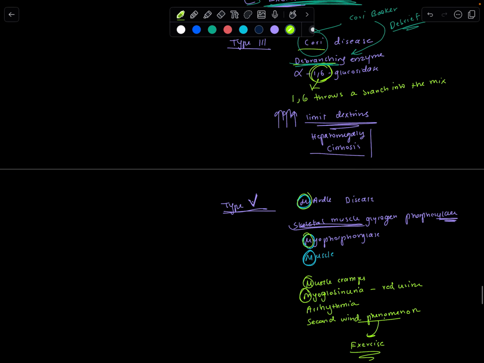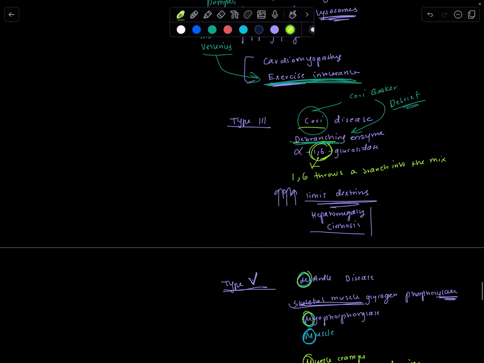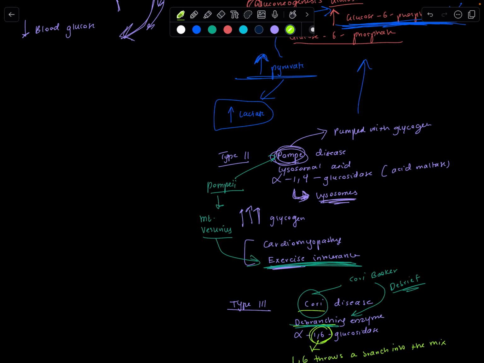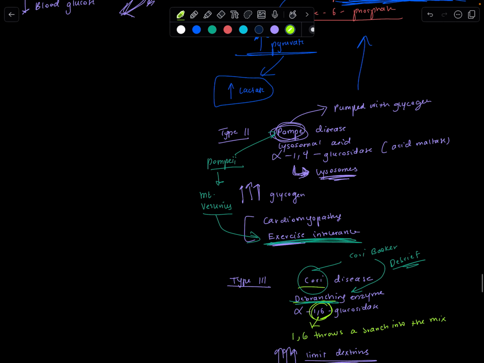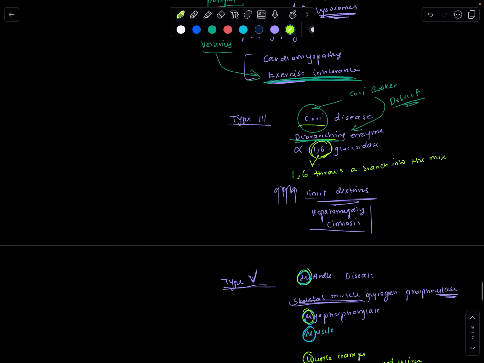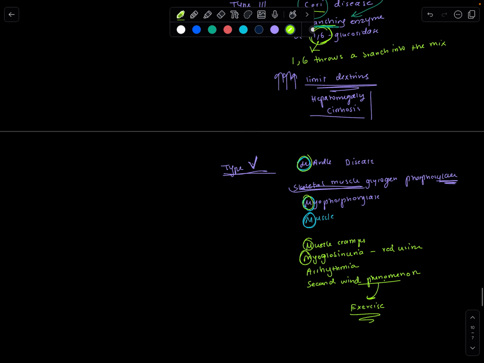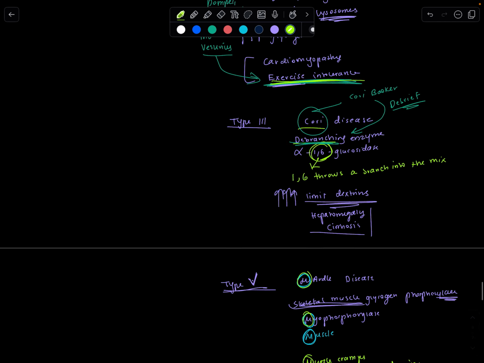So I found myself getting confused between McArdle disease and Pompe disease, or Pompe, however it's pronounced, because they both kind of involve exercise. But Pompe disease does not involve the skeletal muscle the way that McArdle disease involves skeletal muscle glycogen.